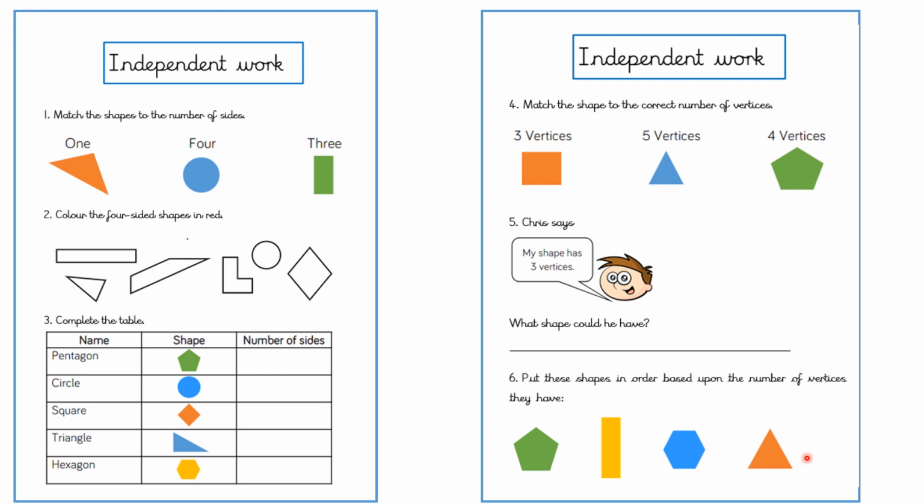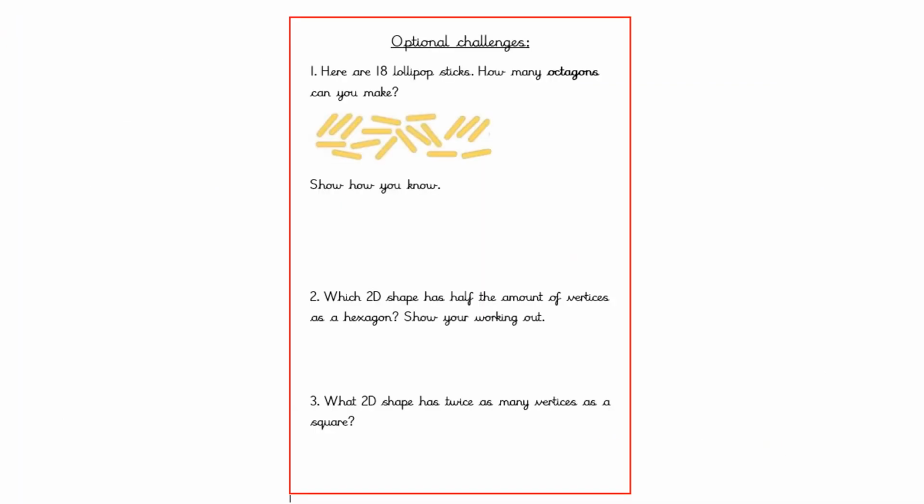So you might want to put them in order from the smallest number of vertices to the largest number of vertices, or you could put them in order from the largest number of vertices to the smallest number of vertices. So that is your independent work for today. Good luck with that. I am going to talk about the optional challenges on the next slide.